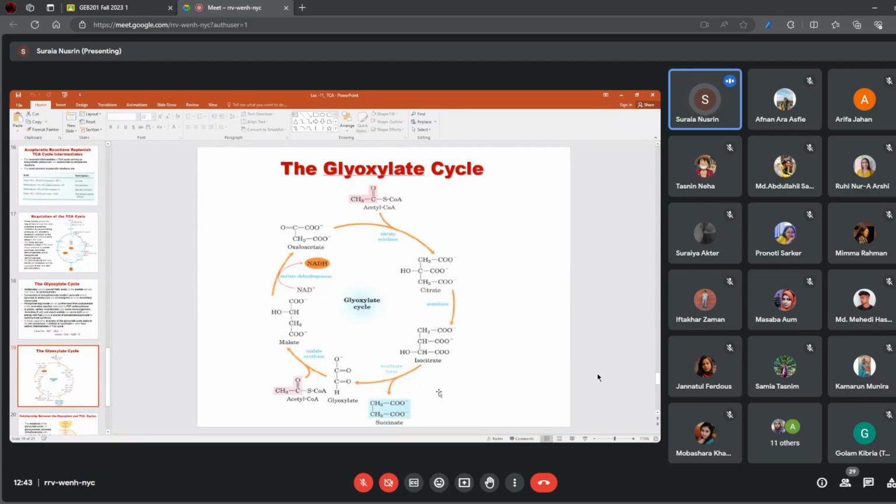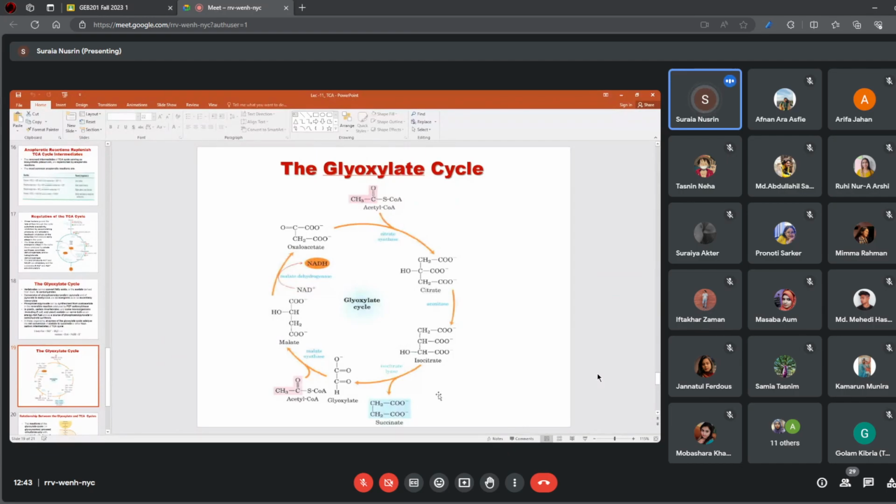We already learned about lyase enzymes. If you remember, a lyase's function is to break down a compound. So isocitrate lyase breaks down isocitrate, and we get 2 products. One is succinate, and the other is glyoxylate. Succinate is released from this cycle, but glyoxylate remains within the cycle.